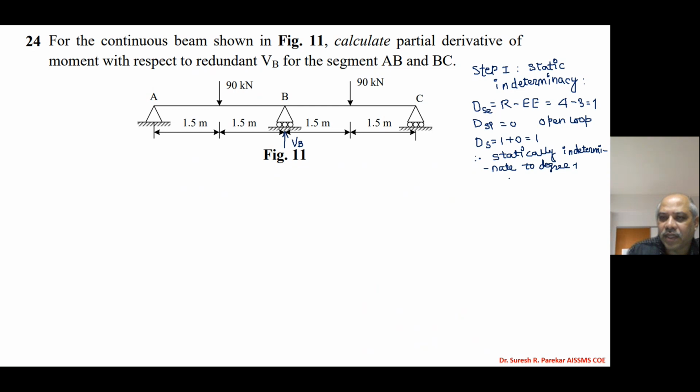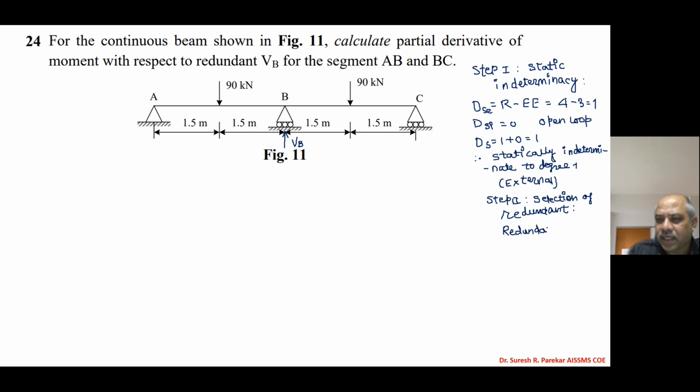And this indeterminacy is external, so we have to consider a reaction as the redundant. Then we have step 2, selection of redundant. Here it is given, and therefore we have the redundant equal to VB.